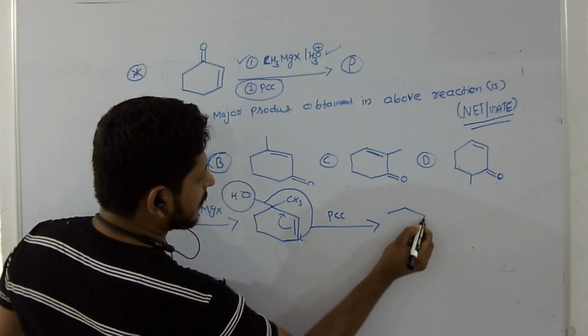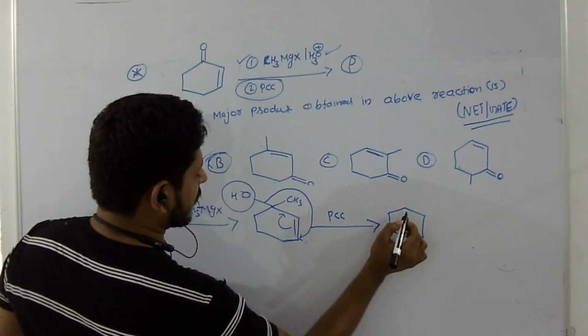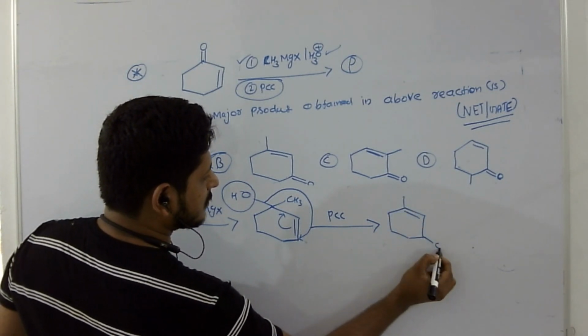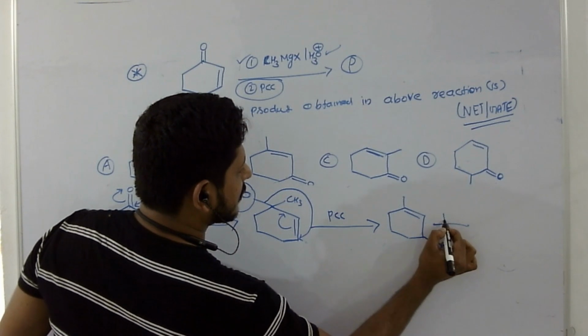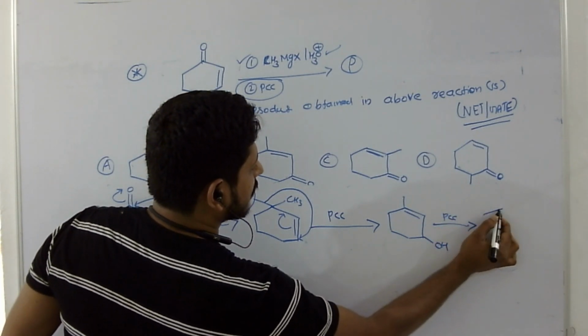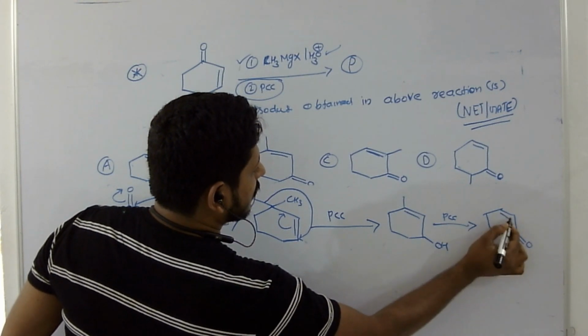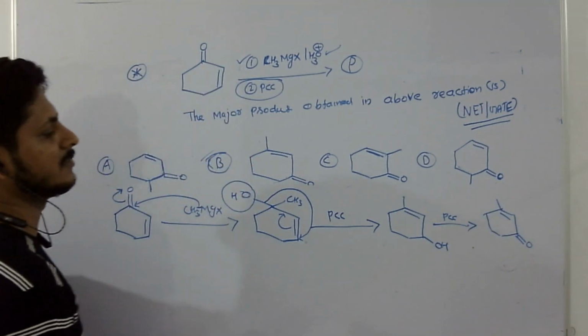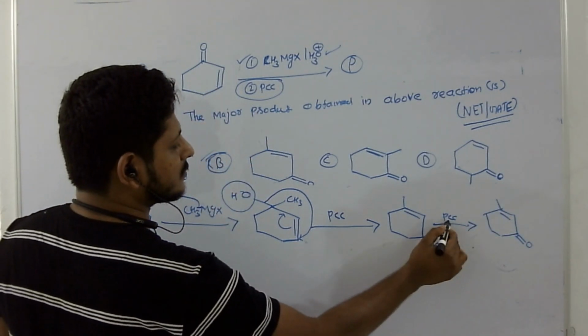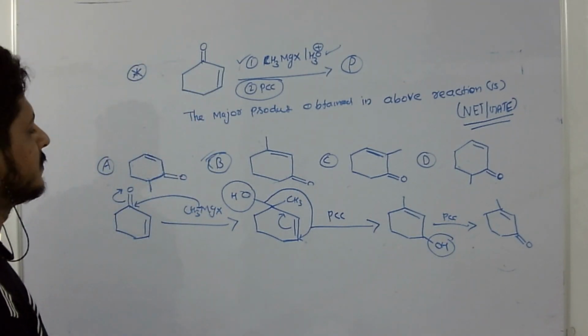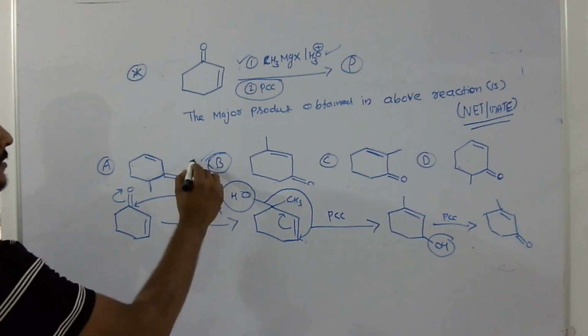So you will be getting the double bond here and OH here. Again, this alcohol will oxidize into ketone. You have an alpha beta unsaturated compound. This alcohol will oxidize in the presence of PCC into ketone. So option B is the correct answer.